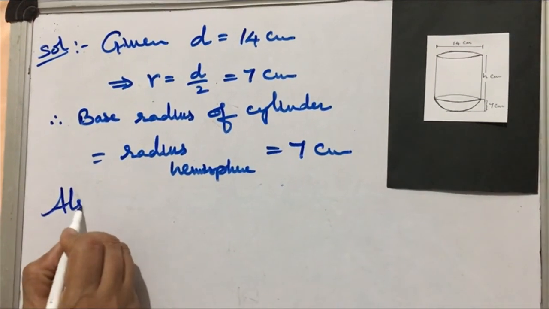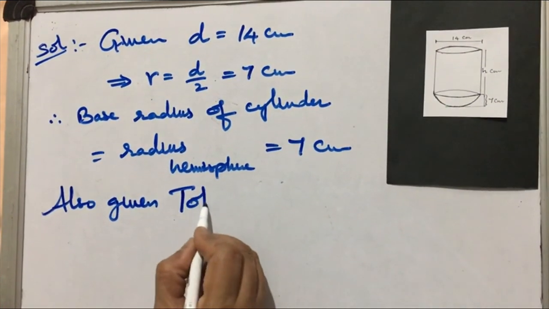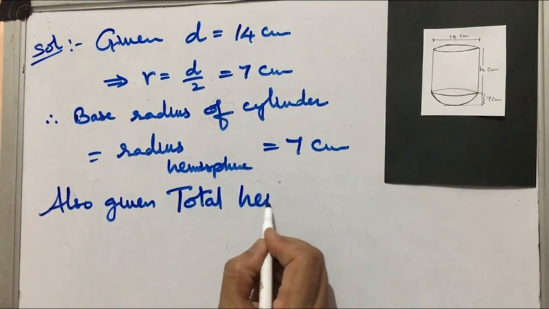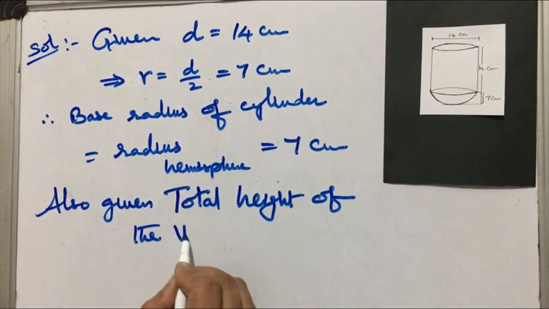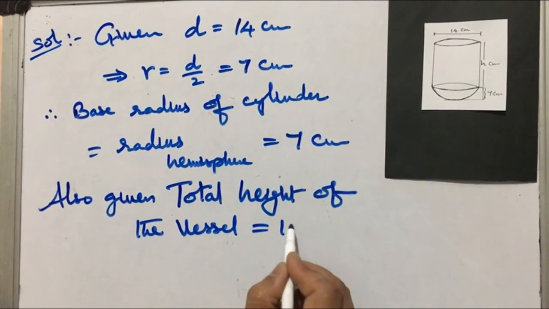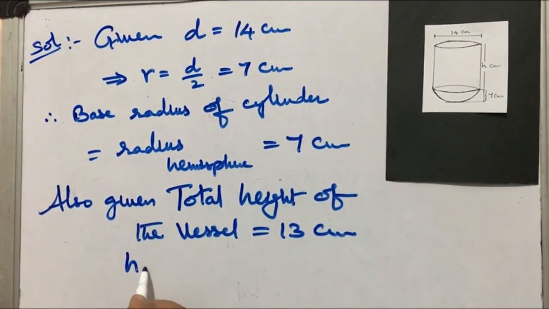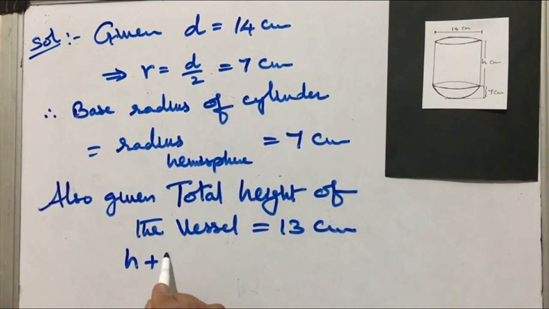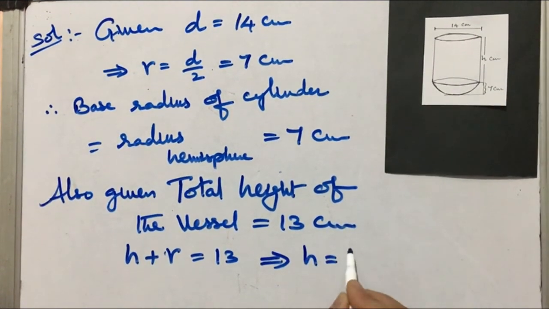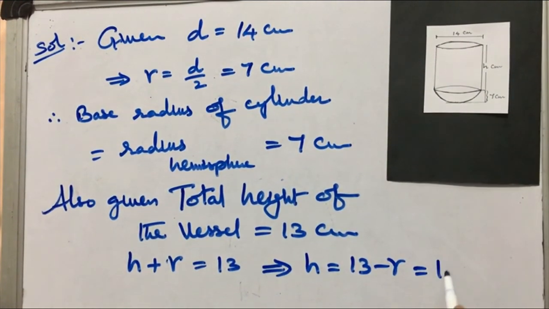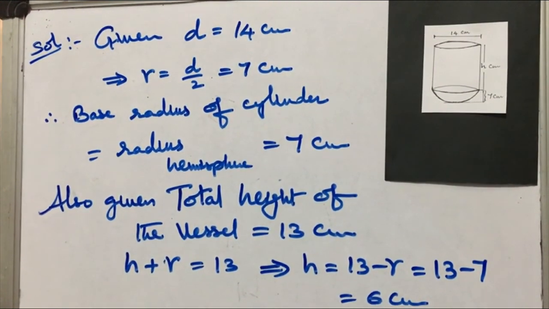Also given that the total height of the vessel is 13 centimeters. If I take the height of the cylindrical part as h centimeters, and the height of the hemisphere is r, then h plus r is equal to 13. So h is 13 minus r, which is 13 minus 7, 6 centimeters. So the height of the cylindrical part is 6 centimeters.